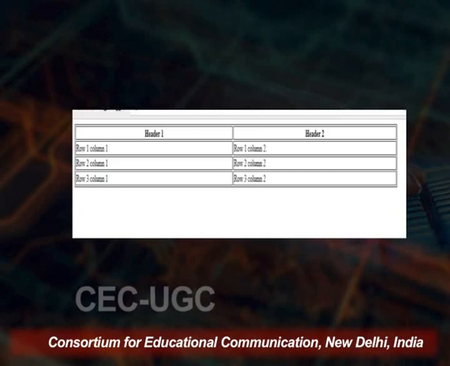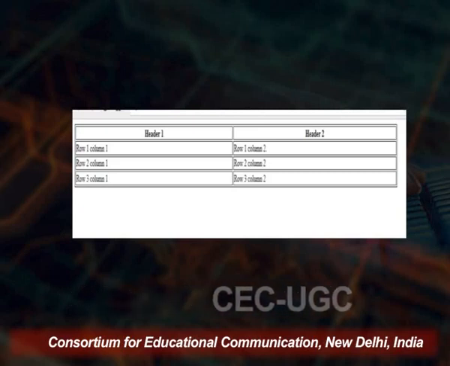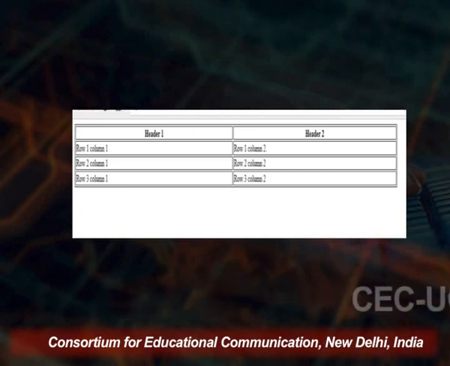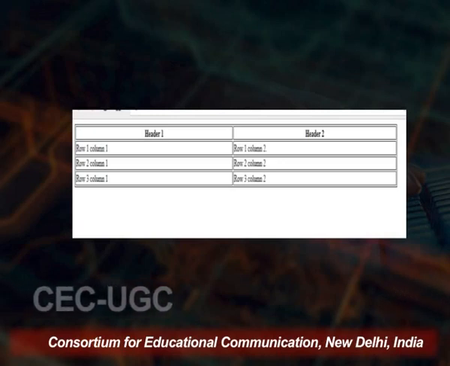These 3 sections will appear like this. You can see in this example, the first section is appearing as a heading, then you have the body, and the last section has the totals or the cumulative information.